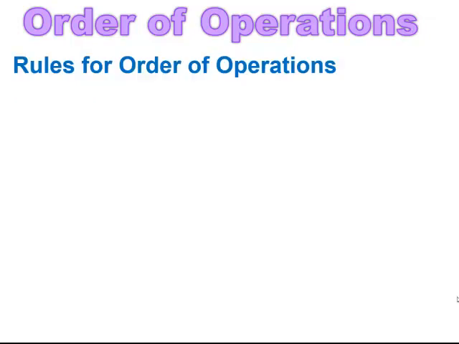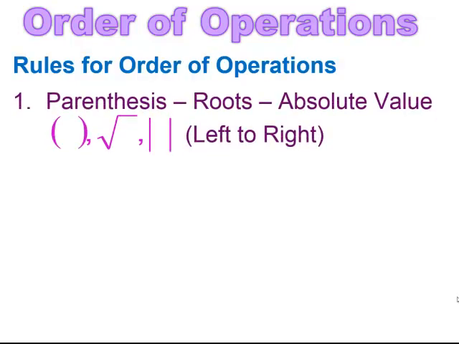So when we talk about order of operations, you want to go in the order of first working with parentheses, roots, absolute values, any type of grouping symbol in mathematics. If there's operations inside the grouping symbols, you want to get it so that it's one number.